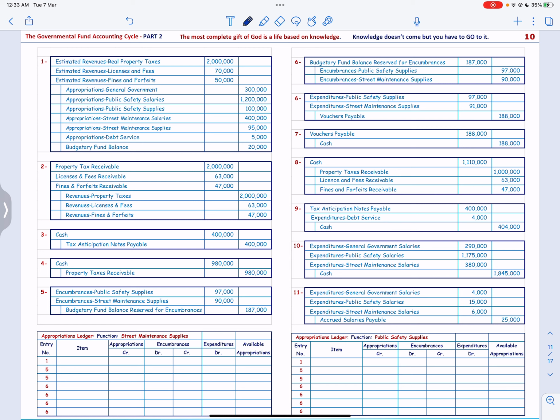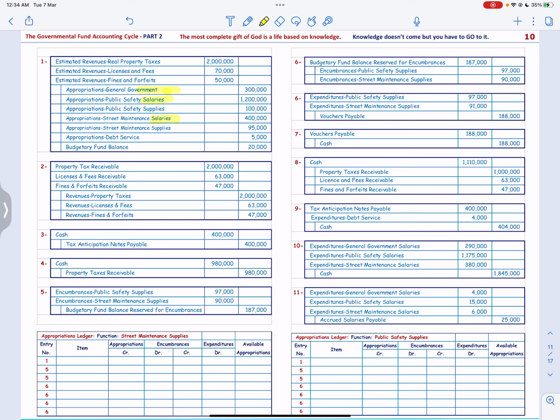Obviously, if you can remember, for salaries and even appropriation for general government salaries, because they follow a predictable pattern, for such appropriations encumbrance serves no control purpose, so there is no need to record the encumbrance for them, and the amounts available for spending are going to be reduced directly by recording the expenditure.